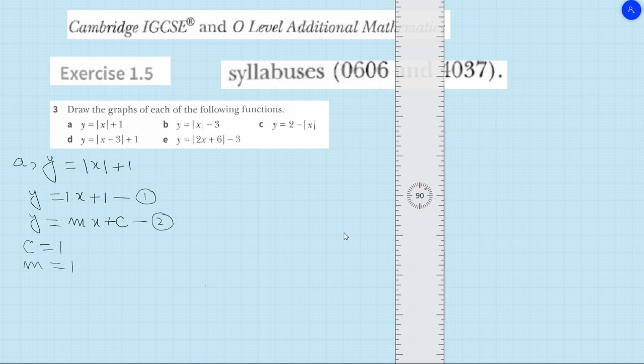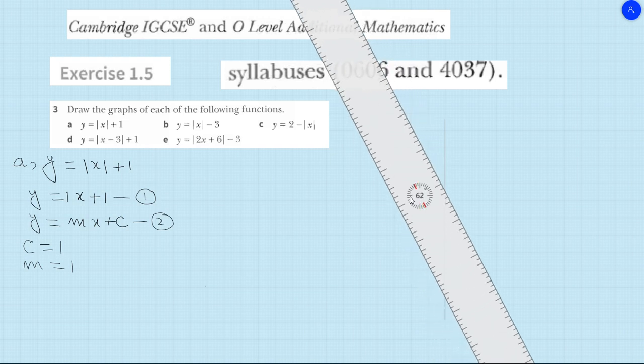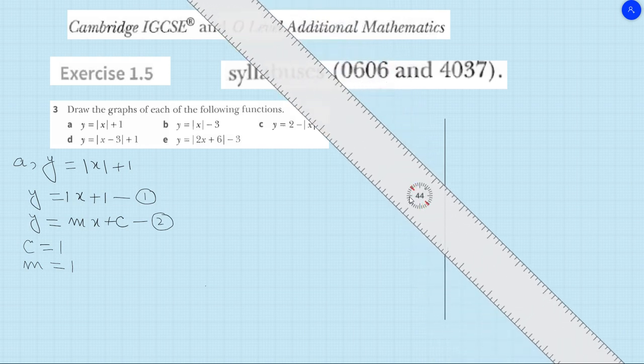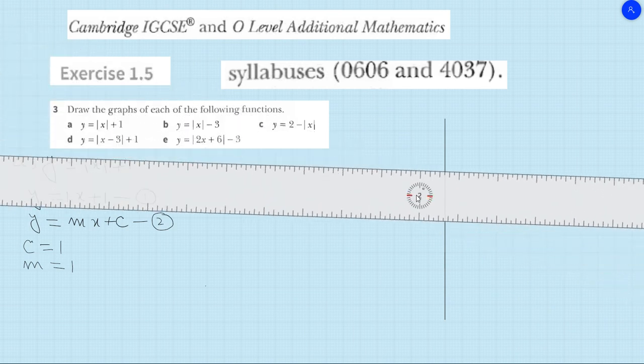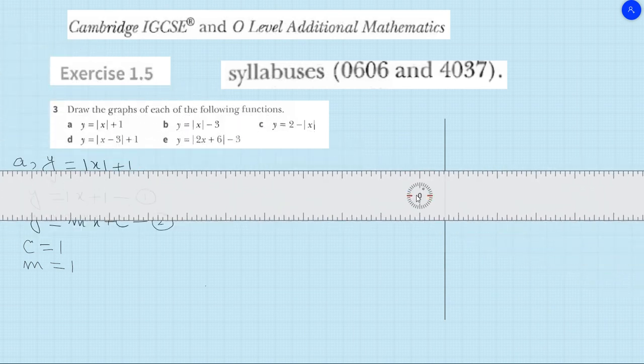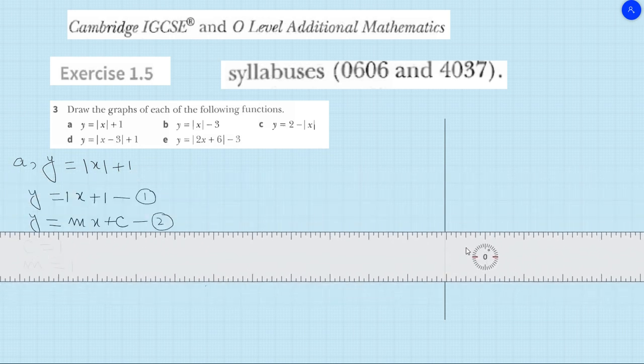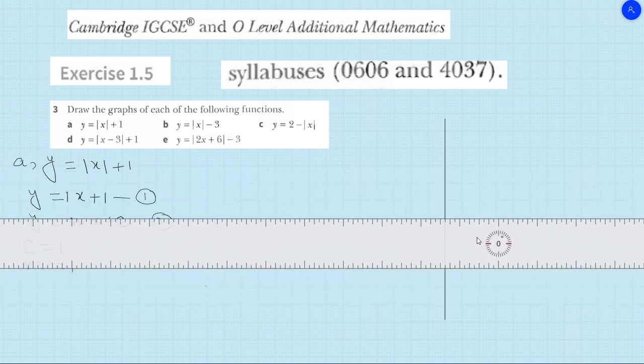This is our vertical line, and next we will draw the horizontal line. This one.